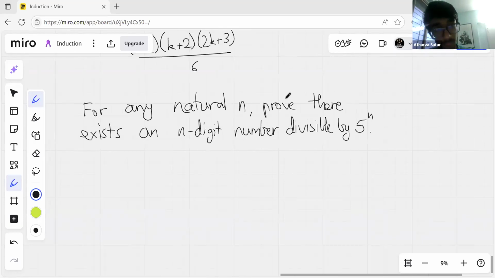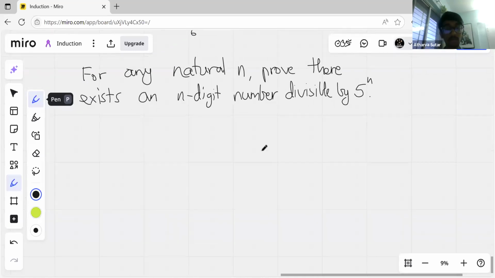You guys can try this problem. If you have any ideas or anything, you can message me privately. Can you explain the question? The question is basically if you have a natural number n, then you want to prove that there is an n-digit number that is divisible by 5 to the n. So for example, if you take n equals 1, then you have 5 is divisible by 5 to the 1. For n equals 2, oh wait, sorry, my bad.